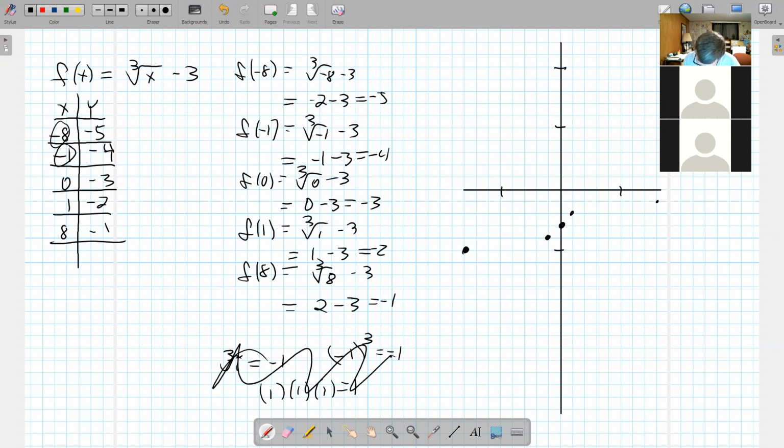Let's see here if I can get a decent drawing of this graph. And then this is going to head off.